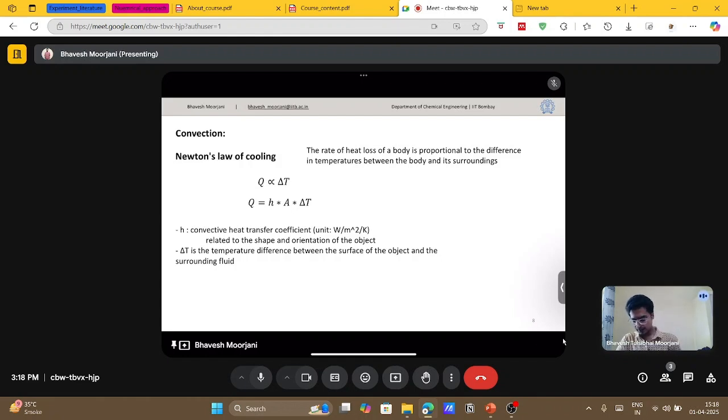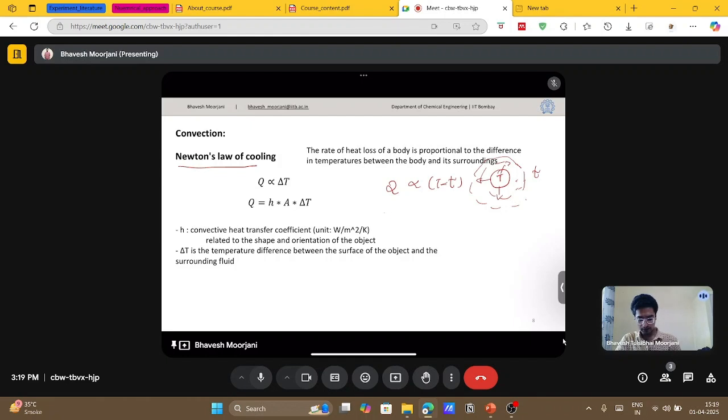So for convection, Newton's law of cooling is used, which says that the rate of heat loss for any body is proportional to the difference in temperature between the body and its surroundings, right? So if you have a hot ball at a temperature capital T and its surrounding is at a smaller temperature, then heat transfer from this body to the fluid or surrounding air will be proportional to the temperature difference, right?